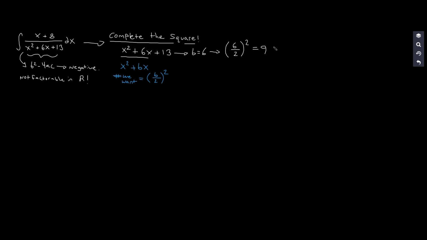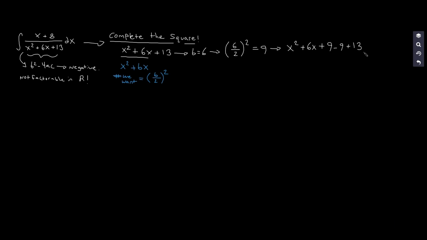So let's see, how does this go? It goes like this, I think. x squared plus 6x plus 9 minus 9, and then plus that 13 as well.